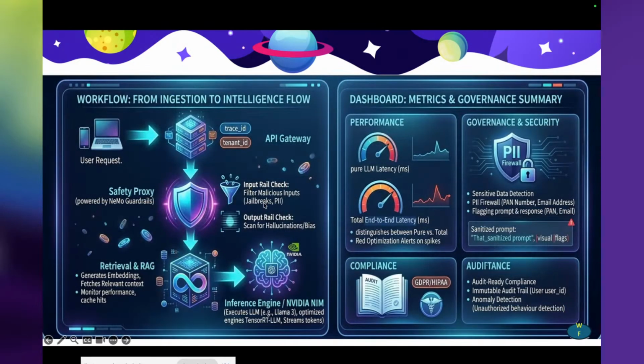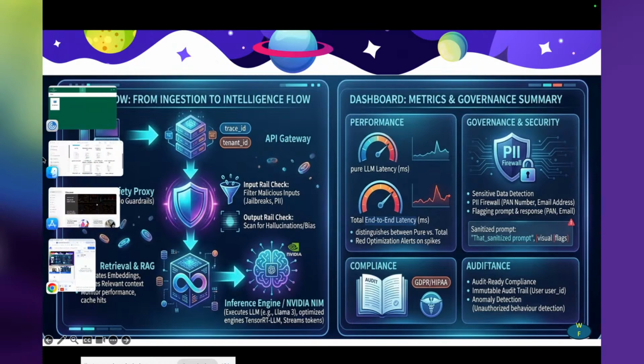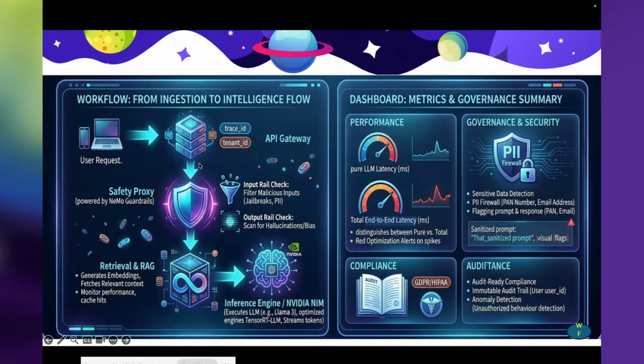Okay, now this slide just brings everything together. On the left we see the end-to-end flow. A request comes in, it gets secured by the guardrails, enriched through the RAG, and then processed by NIM in order to generate the response, right? And on the right side is how we try to make it enterprise ready. Here we have full visibility and control.